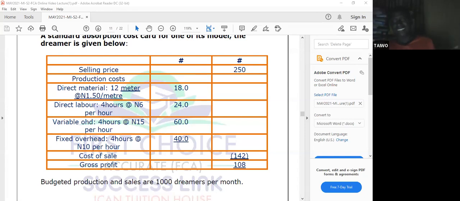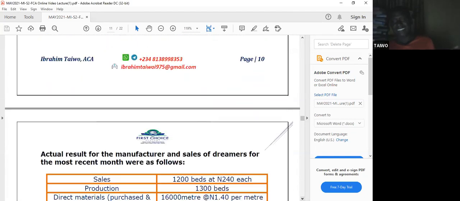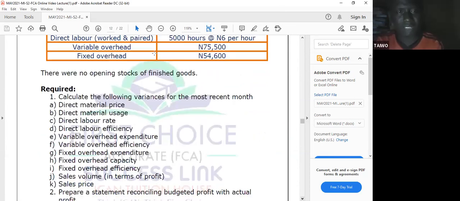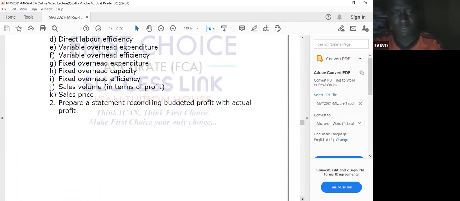How much did I actually incur in fixed overhead? Then you look at it deeply: during the period, I actually incurred 54,600. That is what we mean by actual fixed overhead cost.